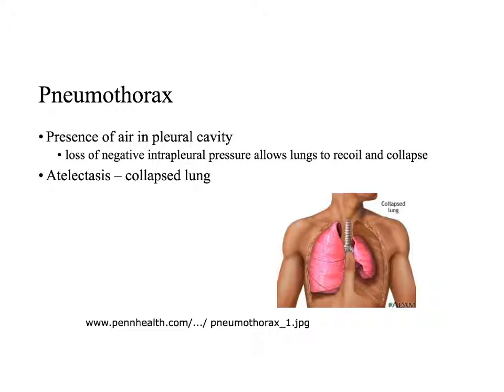Now, a pneumothorax is when you get air in the pleural cavity. If you get air in the pleural cavity, we lose that negative pressure that's keeping your lungs inflated. So the pressure inside equals the pressure outside, and the lung won't stay inflated.